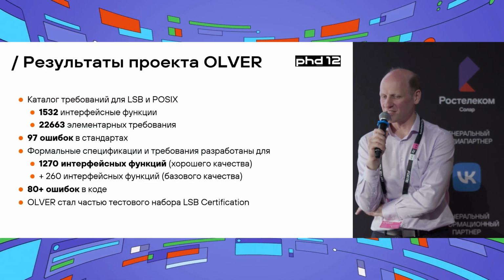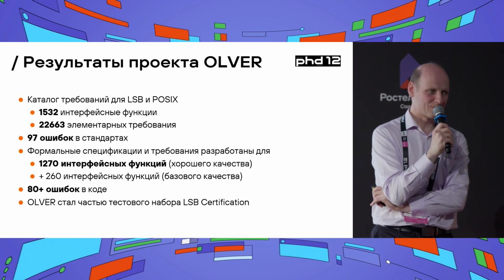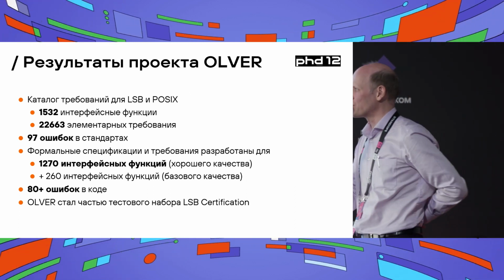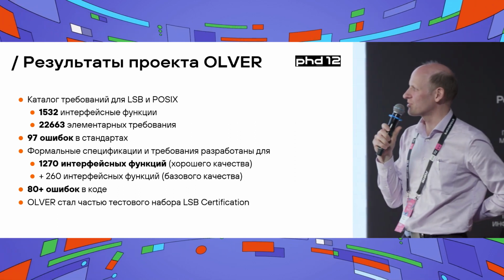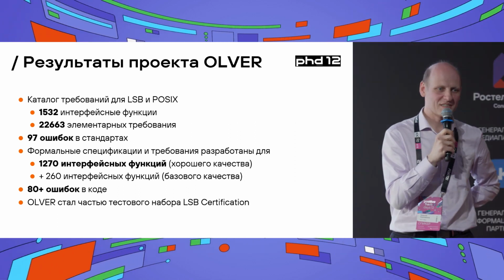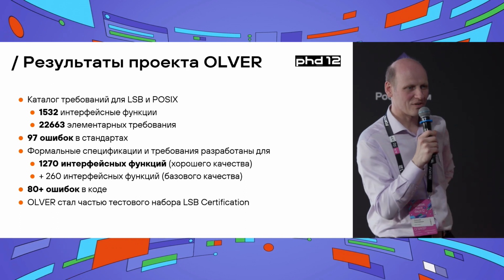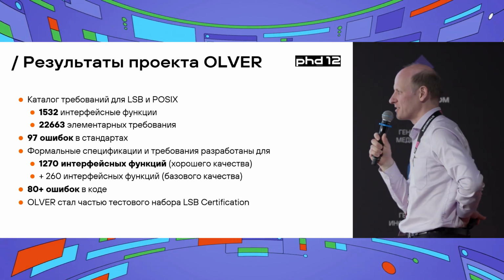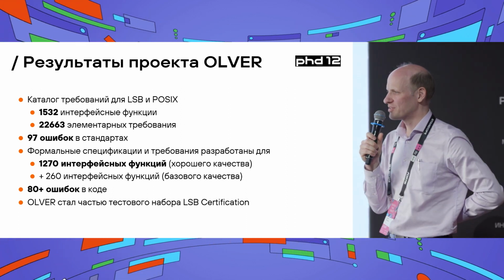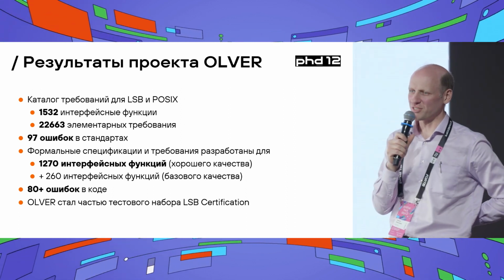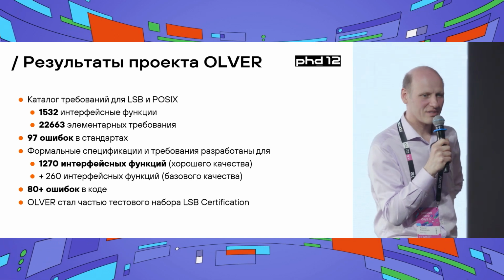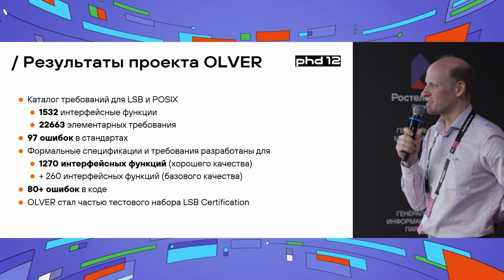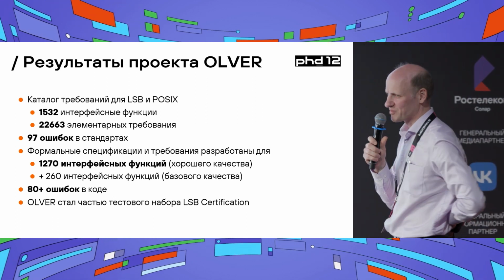This is not the only bug that we were able to find. If we look at the project statistics, during the catalogization, we found some bugs in the standards, we found some bugs in the glibc, and we fixed them.